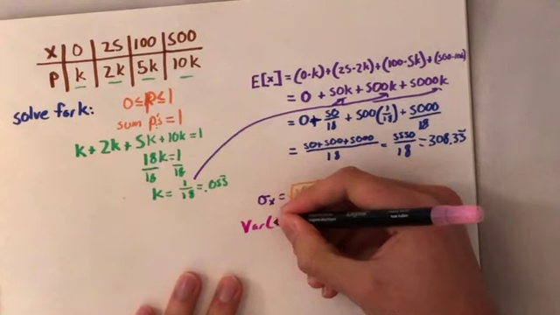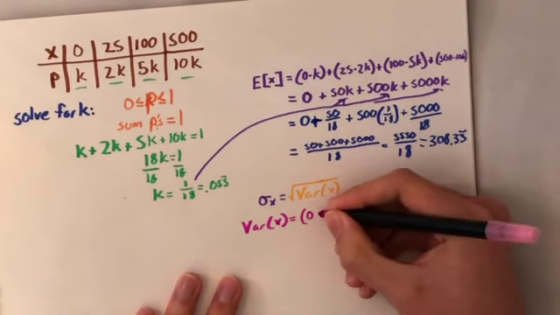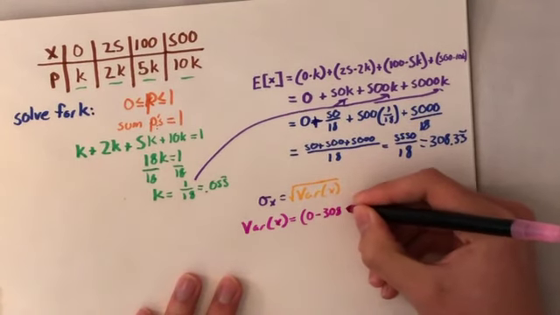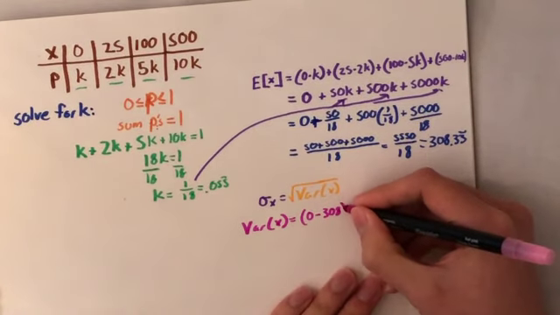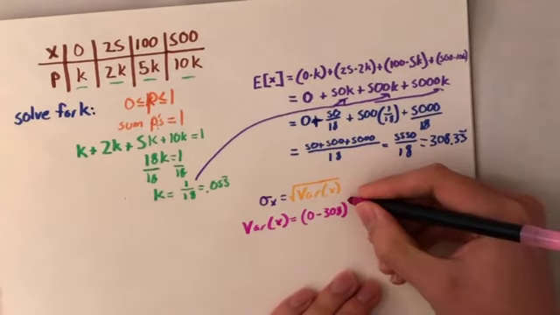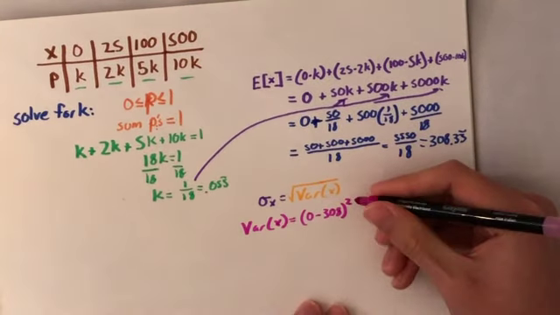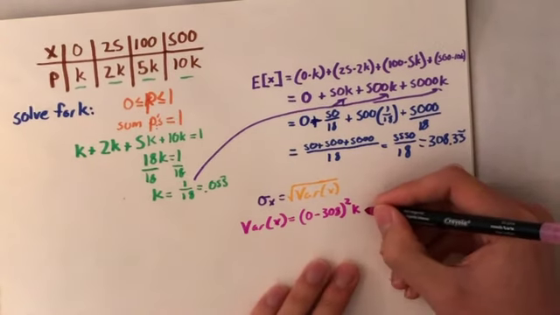The variance of x equals 0 minus our expected value, 308, squared, times our probability, which is 1k again. I'm going to leave it as 308 to save some space, but it's 308.33. That's our first term.